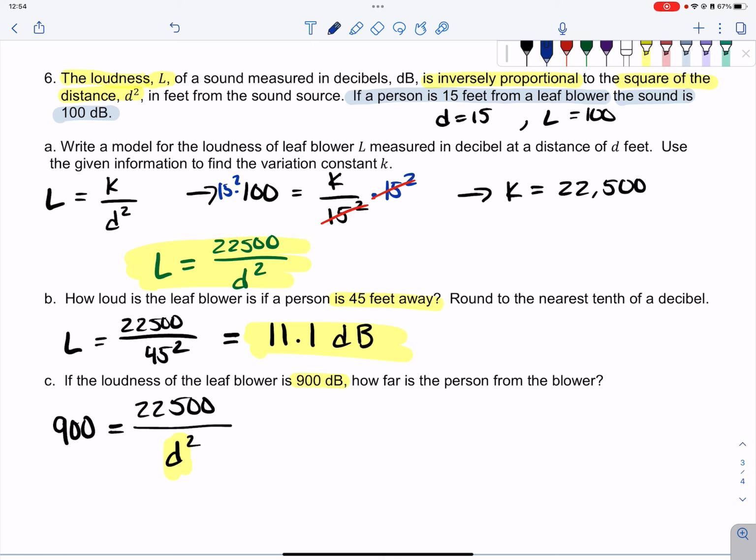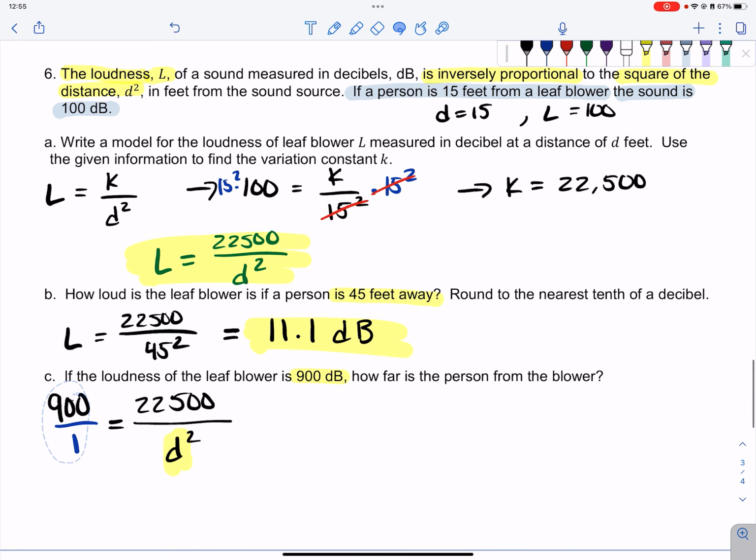Another method, which is usually easier for students to understand, is to think of this as a proportion. If I put the 900 over 1, now this looks like a proportion, and we can use the cross multiply method. Cross multiplying gives us 900 D squared is equal to 22,500 times 1, which is just 22,500.